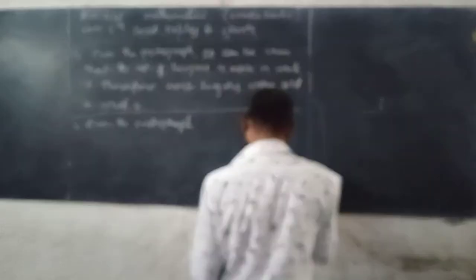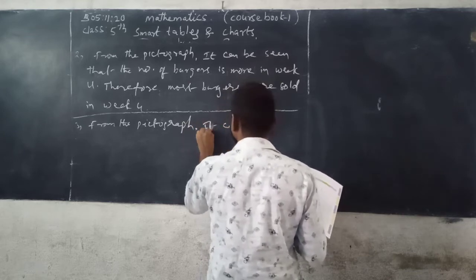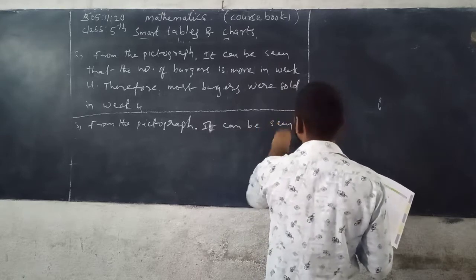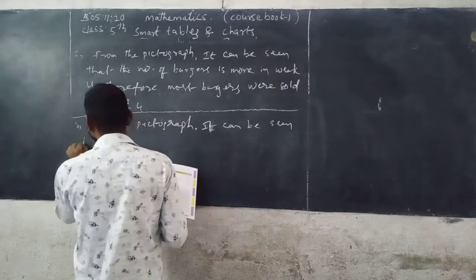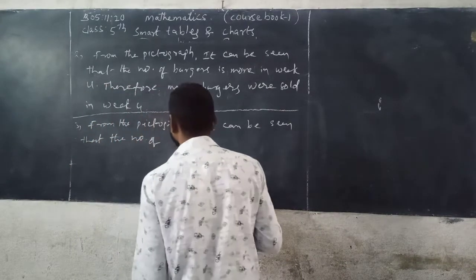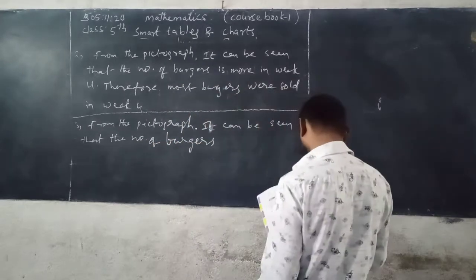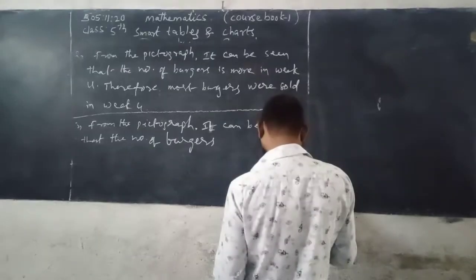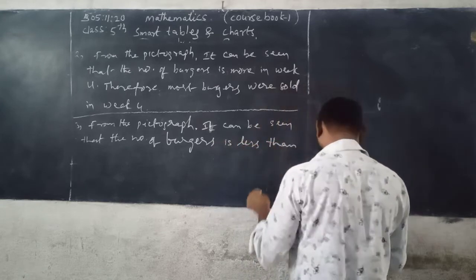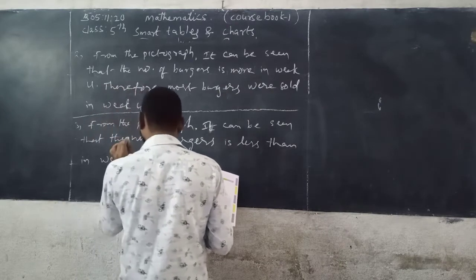From the pictograph, it can be seen that the number of burgers is less than in the third week, week 3.